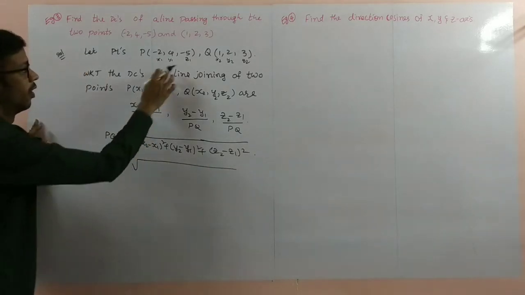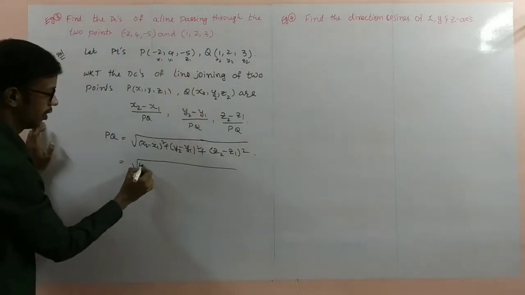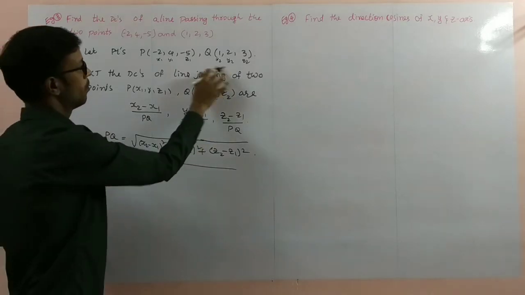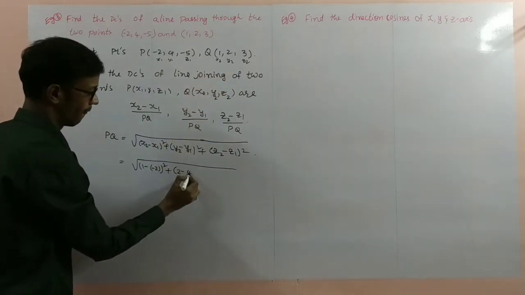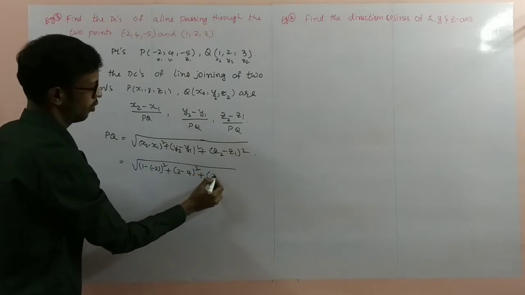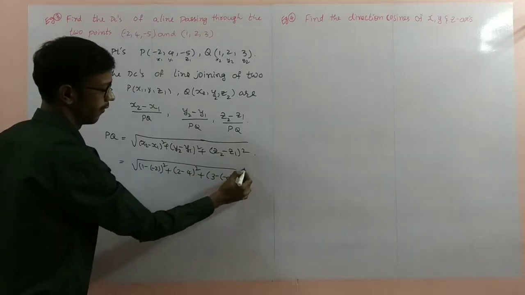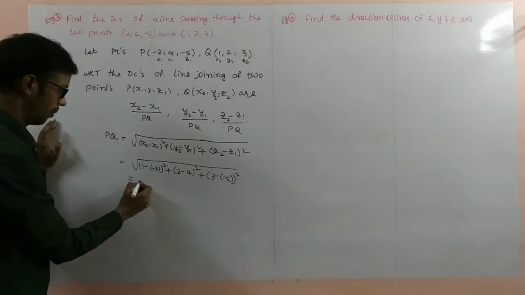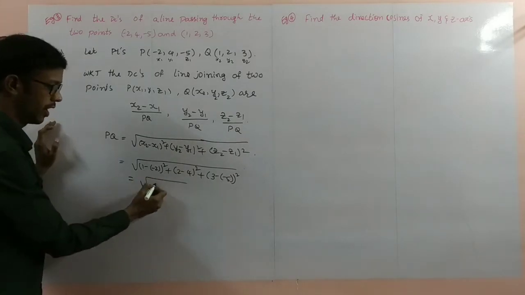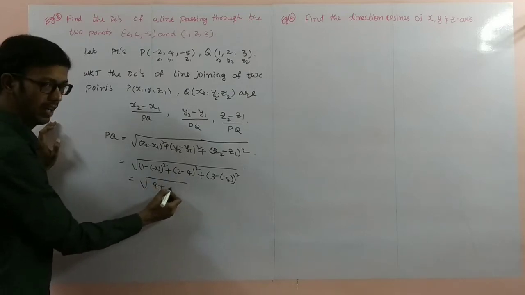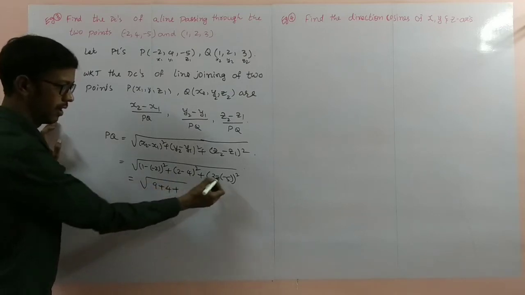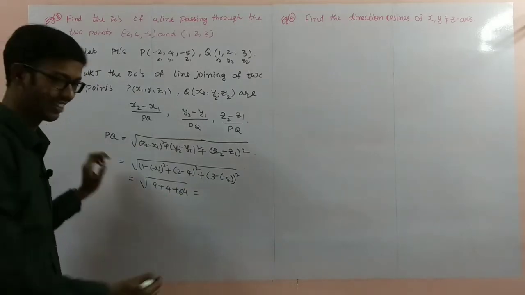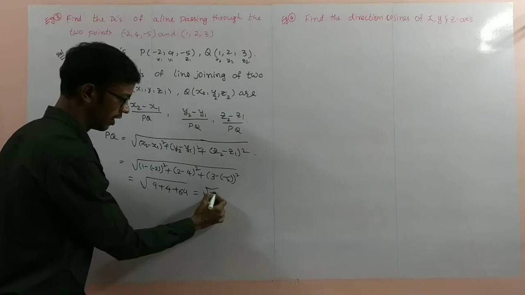So if you simplify this value, 3 square is 9, 2 square is 4, plus 8 square is 64. 77 total, so you will get square root of 77.